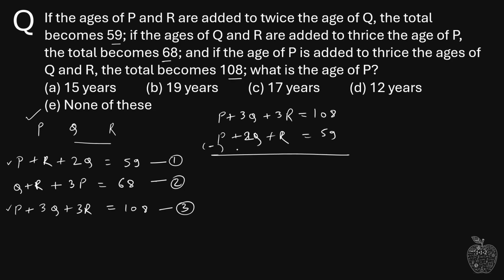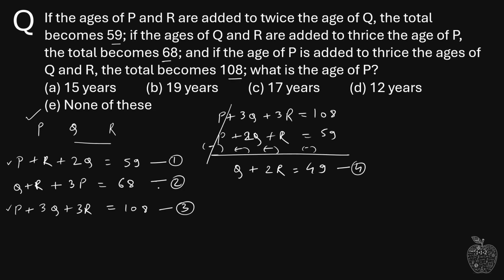Let's subtract. P gone. 3Q minus 2Q will be Q, plus 3R minus R will give me plus 2R equals 108 minus 59, which gives me 49. Alright, let's say this is equation 4.